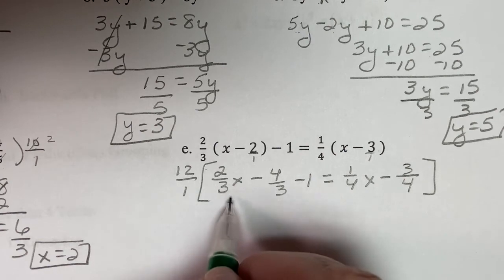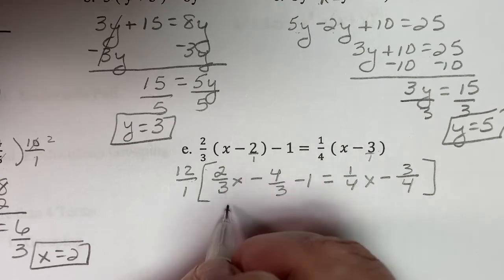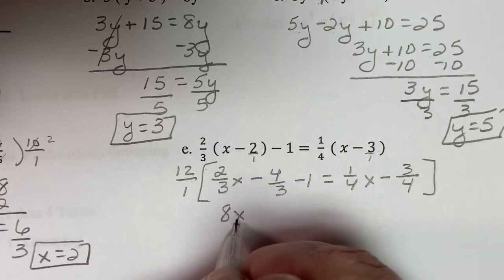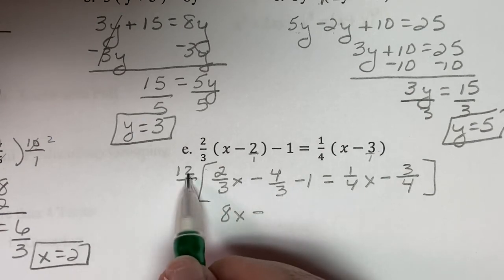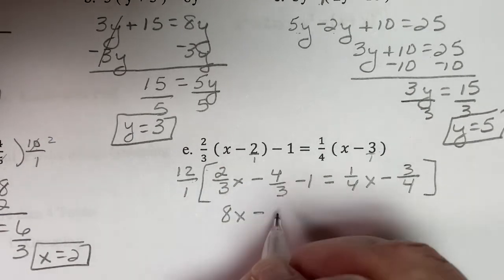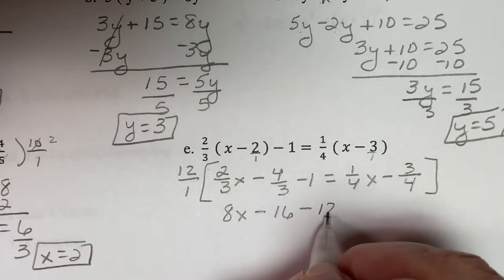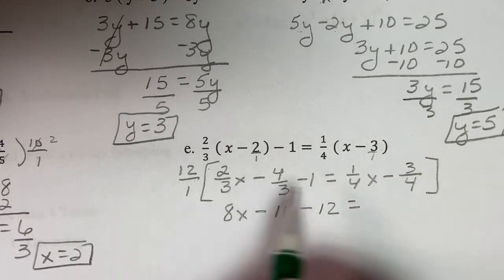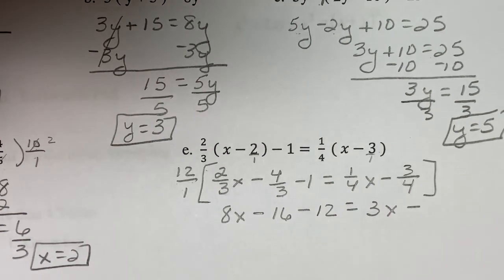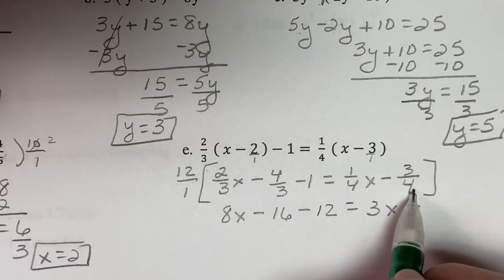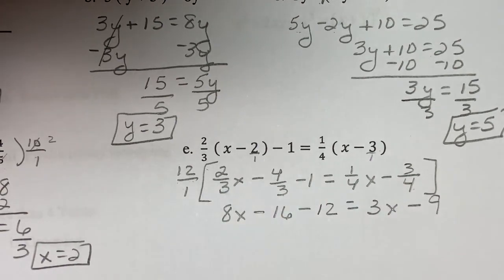So if we do this first term, you can see the 3 cancels into the 4, giving me 4 times 2, which is 8x, minus, here the 3 cancels into the 12, leaving me with 4 times the 4 is 16, minus 12 times 1 is, of course, 12, is equal to 12 times 1/4 would be 3 times x, minus, here again, the 4 will cancel into the 12, leaving me with 3, and 3 times 3 is 9.